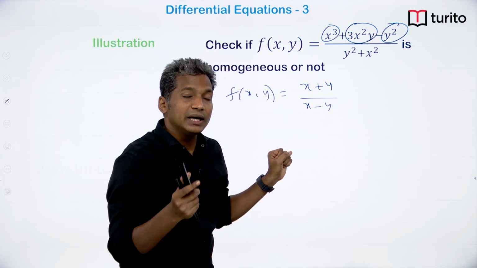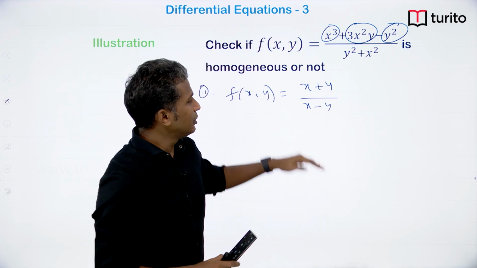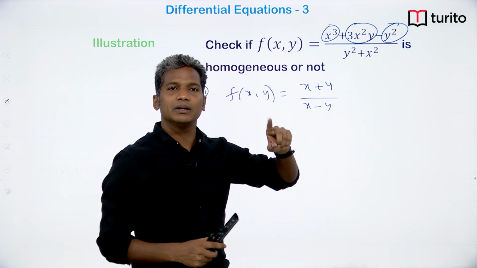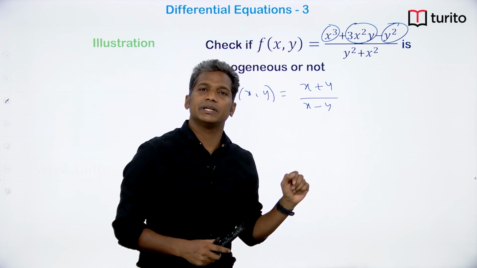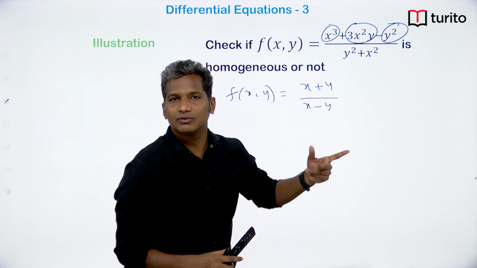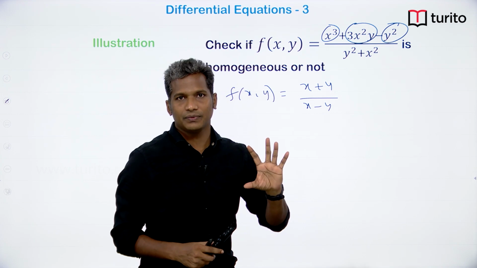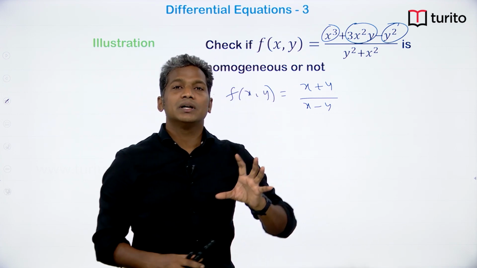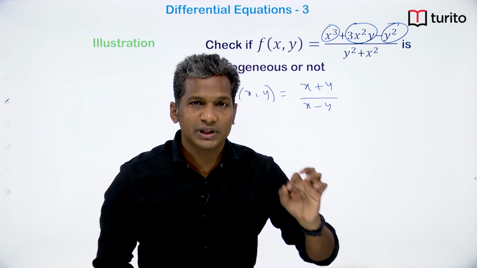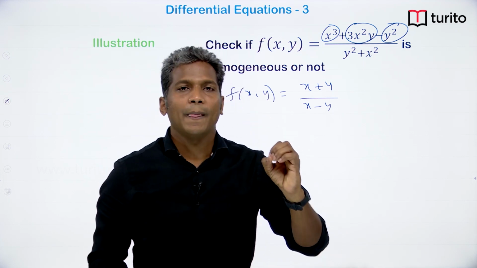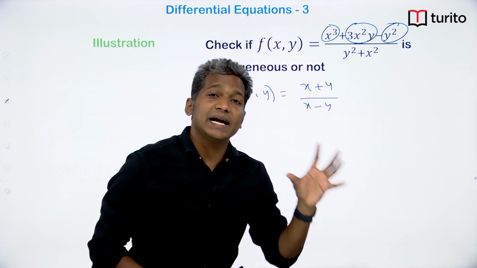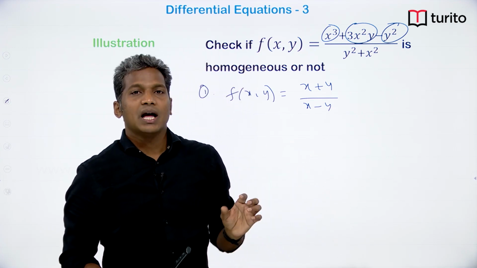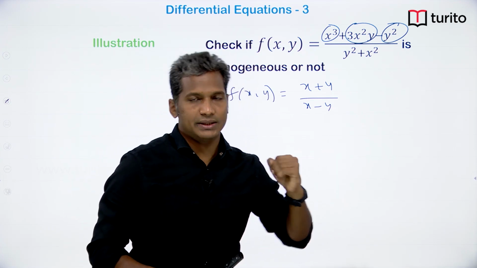Now, what is the degree of homogeneity? The numerator has a degree of homogeneity 1, and the denominator has a degree of homogeneity 1. So the effective degree of homogeneity is 0. Whenever there is an expression with effective degree of homogeneity 0, we can always write that expression as a function of y by x.